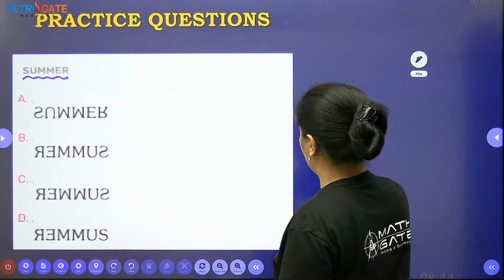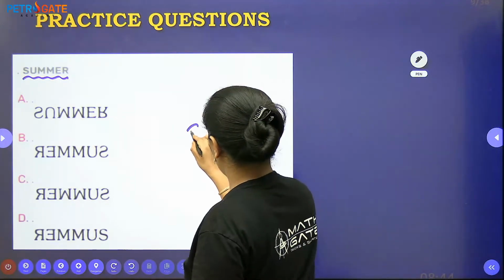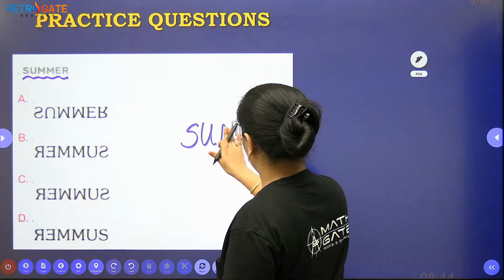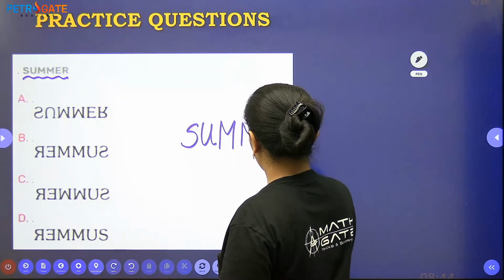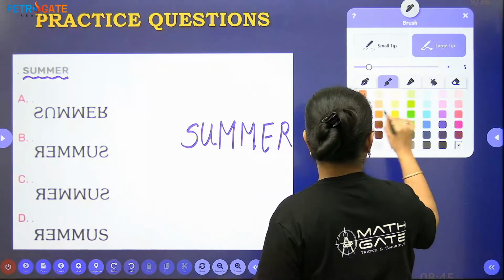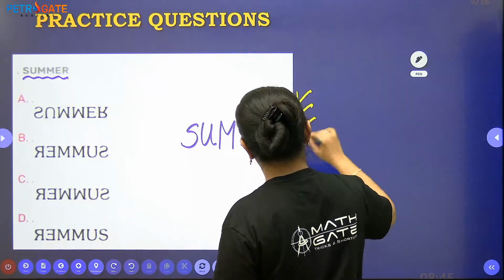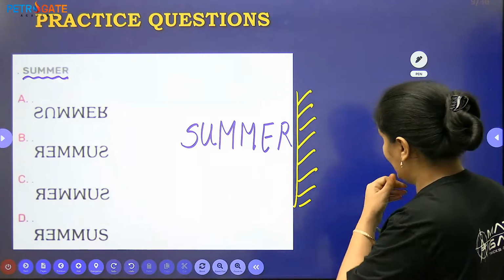Let me write down the word summer: SUMMER. Suppose my mirror is placed here, on the side. Now we need to find the mirror image of this.